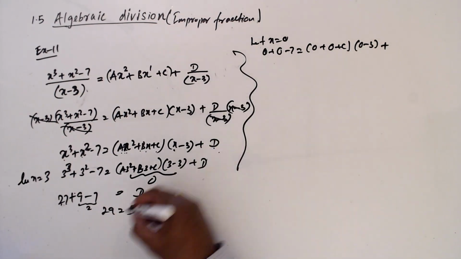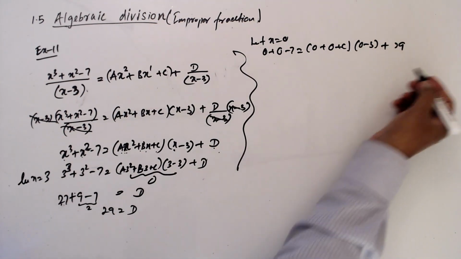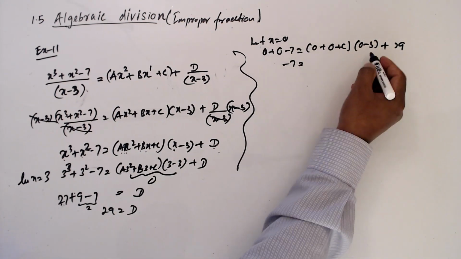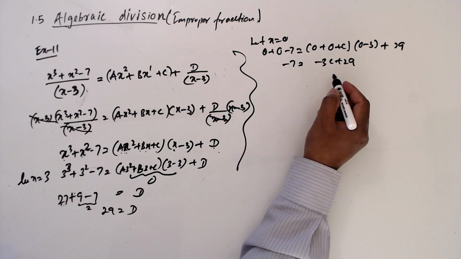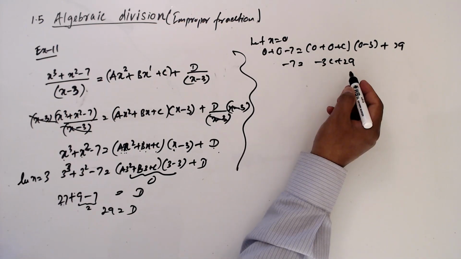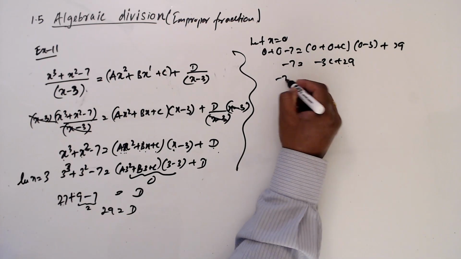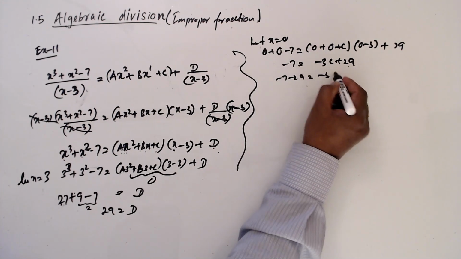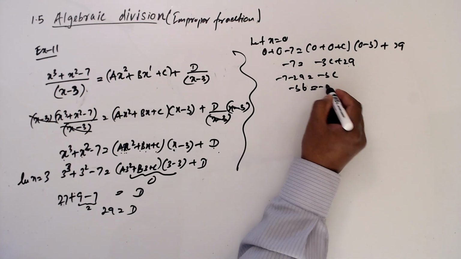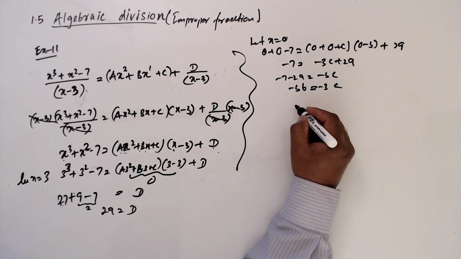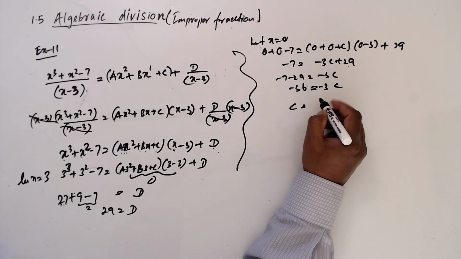And d is 29. So minus 7 equals minus 3c plus 29. So minus 36 equals minus 3c. So c equals 12.